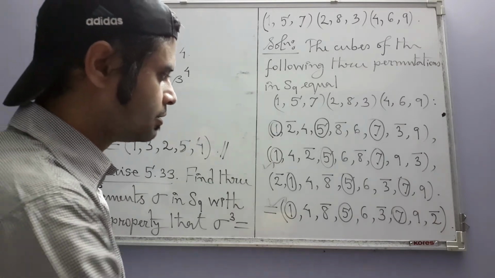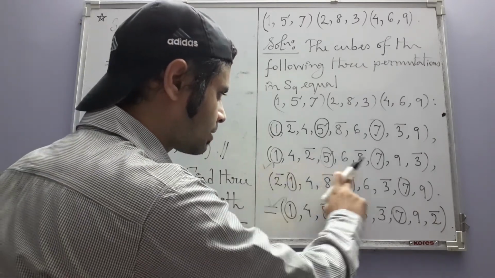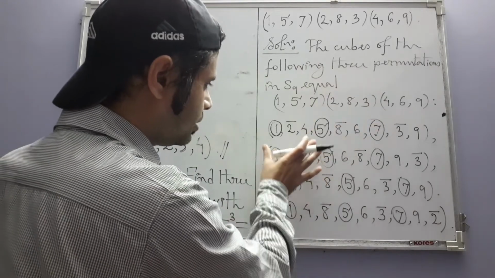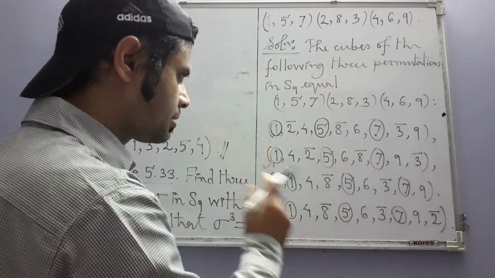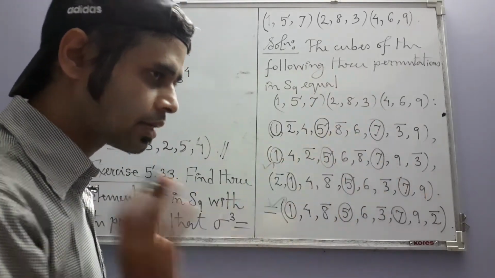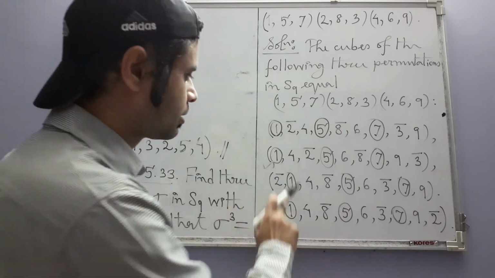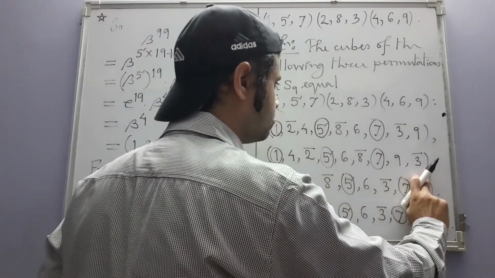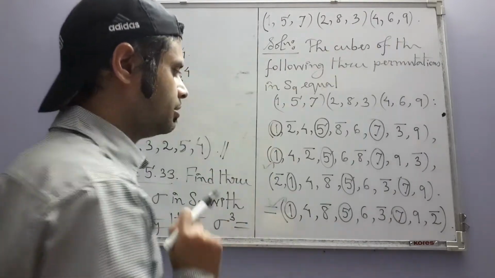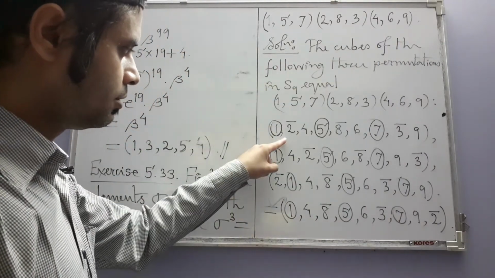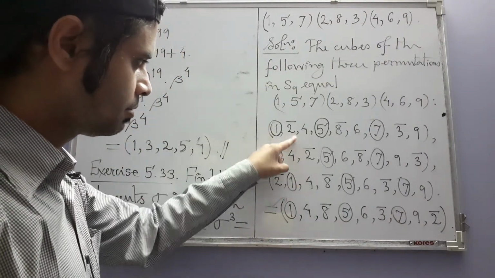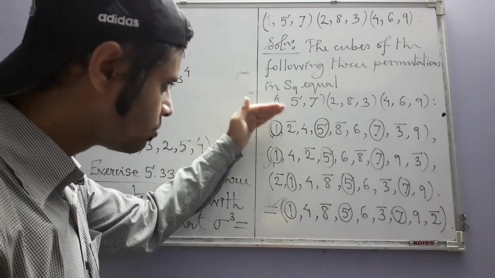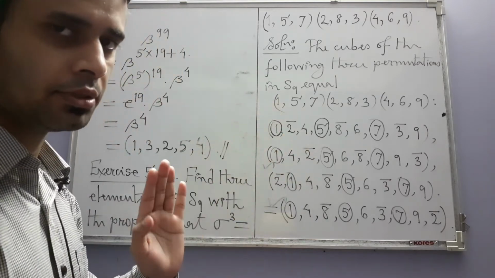What is the difference? You see that the structure of these sets appearing here is the same as that appearing here. The structure is same, and because of that structure, the cube of this new sigma will also be equal to this. But now, because of this difference, these 2 permutations are different permutations.